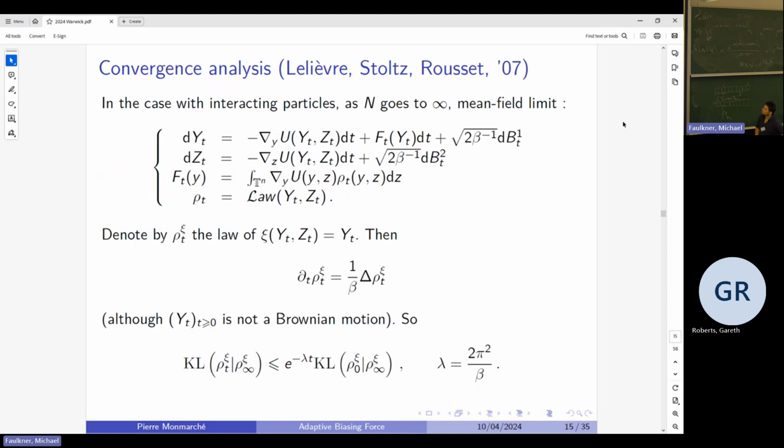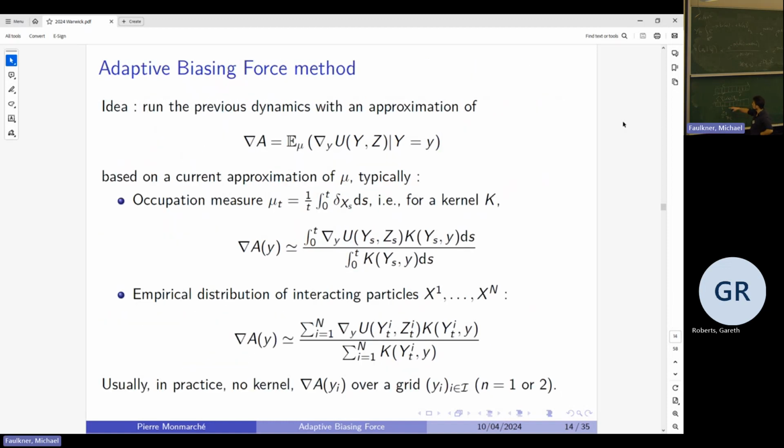Right. So maybe I have to say some practical considerations. If you have boundaries, you have things to say about what happens at the boundary, but let's forget that. In practice, usually the bias doesn't start immediately. You wait until you have reached a sufficient number of visits. If you've been there 100 times, then you start biasing.